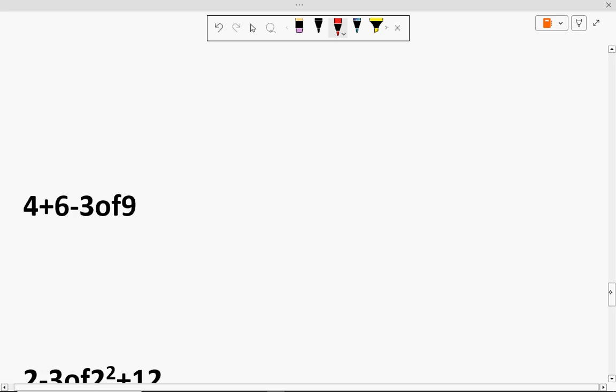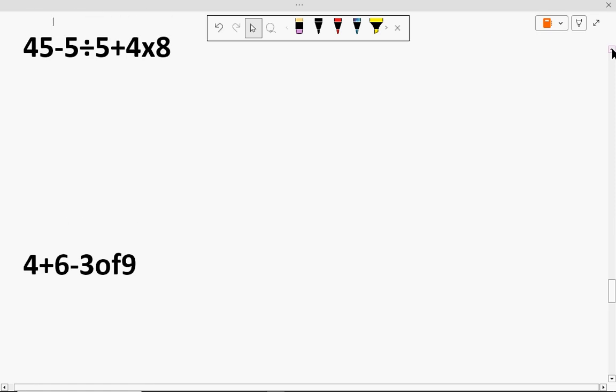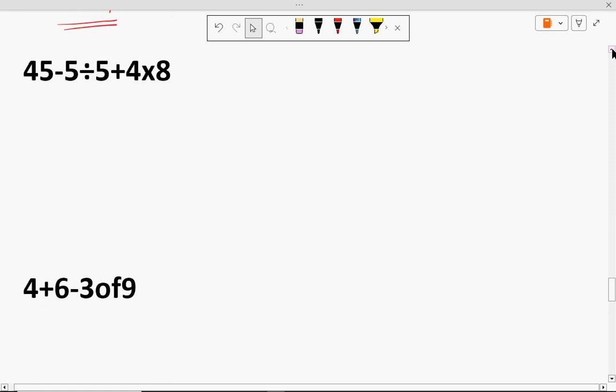Let us take up another example. In this case, we have four operators: minus, plus, division and multiplication. According to BODMAS, we will have to do division first, then multiplication, then addition, and then the subtraction.